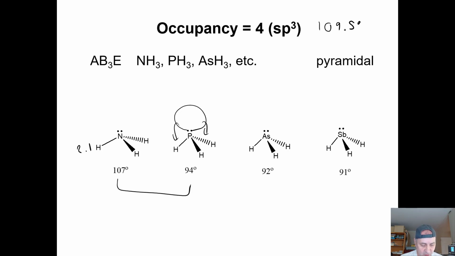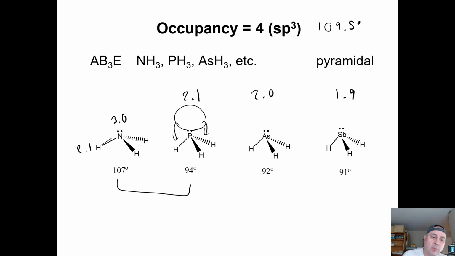And the electronegativity of nitrogen is 3.0. And then phosphorus, we get that huge drop in electronegativity. So that's 2.1, and then 2.0, and then 1.9, right? So we see polarization towards the hydrogen when we replace nitrogen with phosphorus, right?